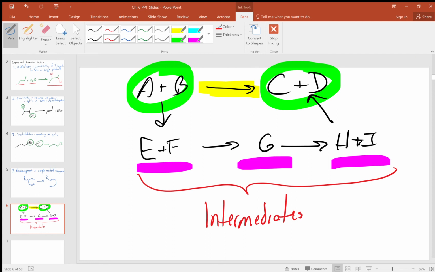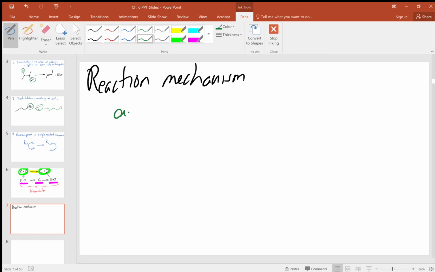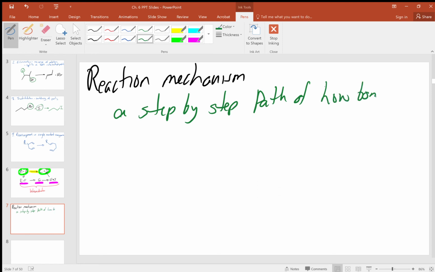And so if we want to fully describe a reaction, we need to look at what's known as its reaction mechanism. A reaction mechanism is a step-by-step pathway, and it shows us everything that happens during a reaction.